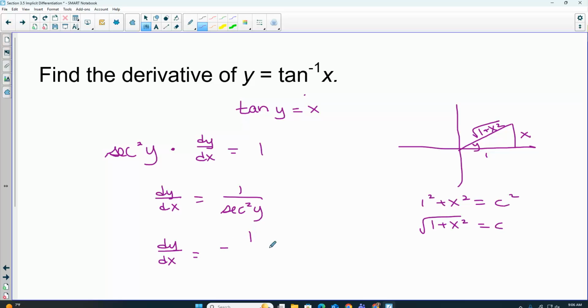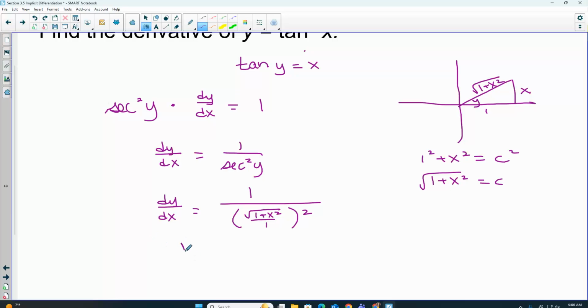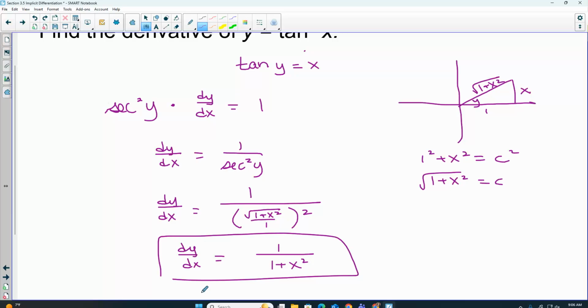Okay, so secant is hypotenuse over adjacent. We have secant squared. So if we square a square root, that cancels, and we can drop the over 1. So dy dx is 1 over 1 plus x squared.